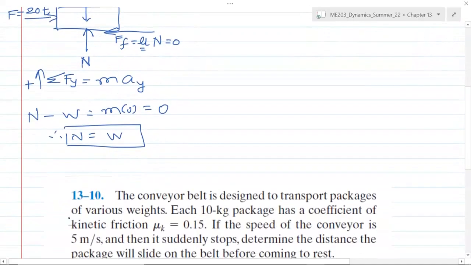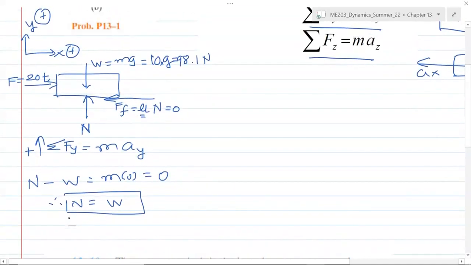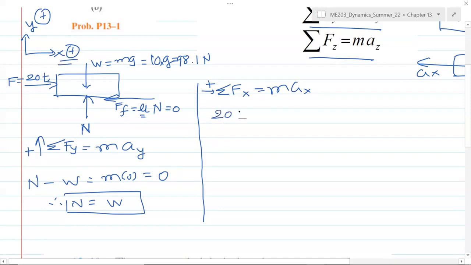This is the first step of the problem. Now the next step is we apply sigma Fx equal to max. Going right is positive, because that's our coordinate system, and the horizontal force is 20 times t, that's the only force, equals 10 times ax. That means ax is 2t.